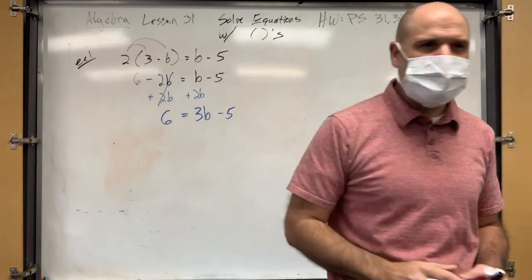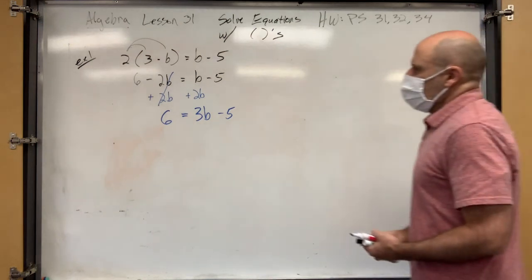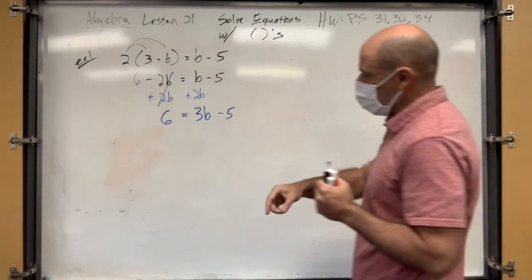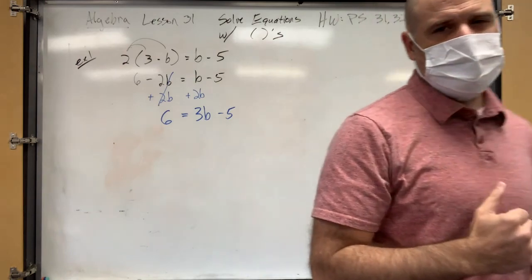Okay, so now we're back to these comfortable equations where we just have to get b by itself. So once you get to step 2, this is when you start having to apply your golden rule, and we'll write the steps up there too. But your golden rule is whatever you do to one side, do to the other. If you do something to the left side, do it to the right side. If you do something to the right side, do it to the left side.